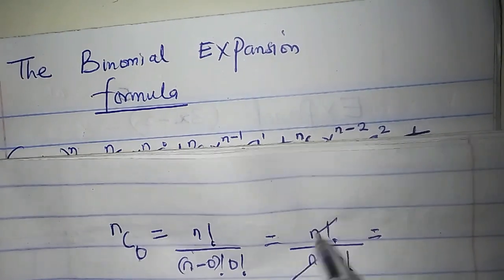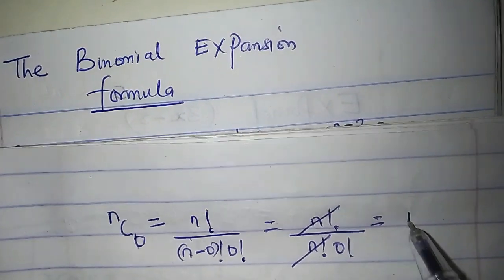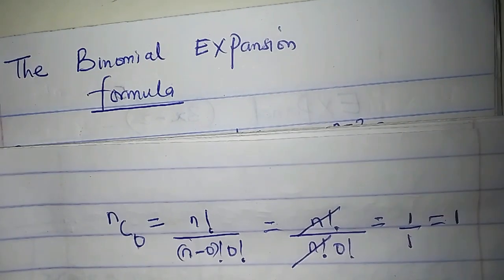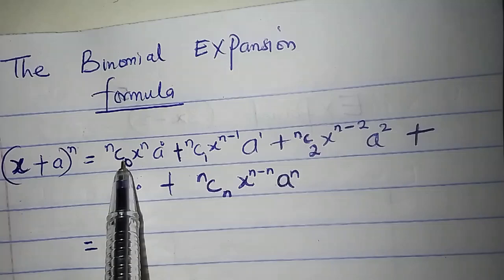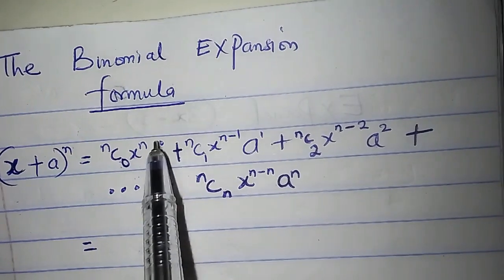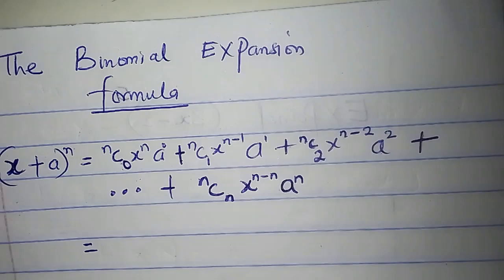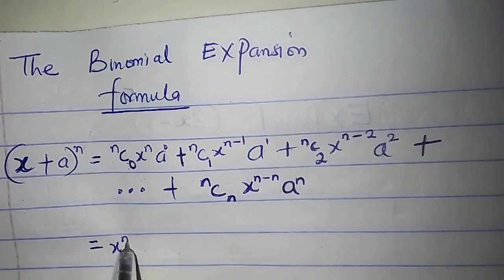Alright, n factorial cancels n factorial. 0 factorial is 1. So we have 1 over 1, which is equal to 1. So nC0 is 1. So this is 1 times x to the power of n. a raised to the power of 0 is still 1. So everything here reduces to x to the power of n.